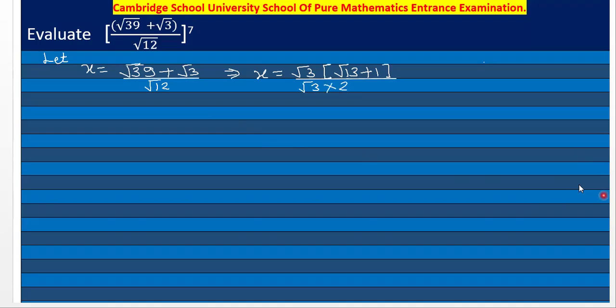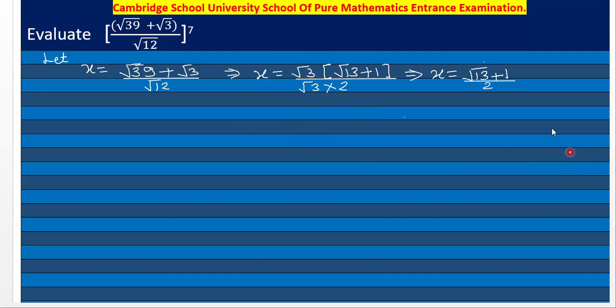The square root of 3 cancels out. So further we can write x is equal to square root of 13 plus 1 over 2.